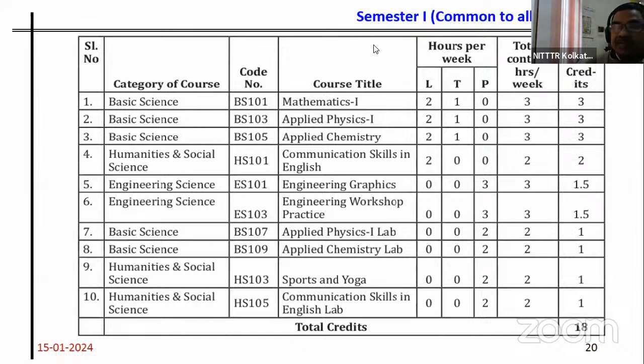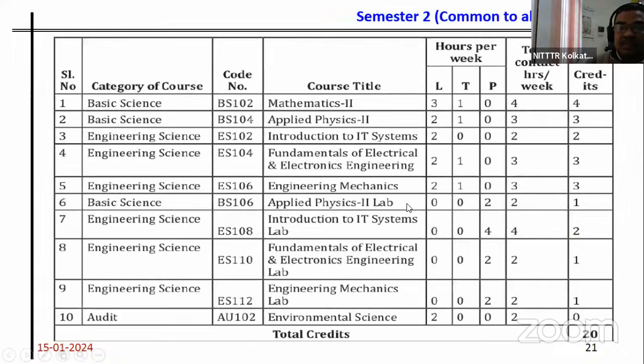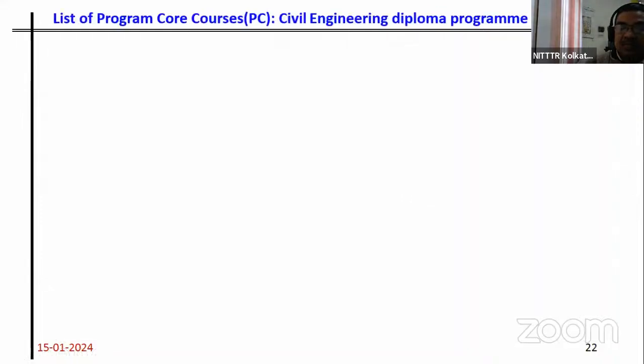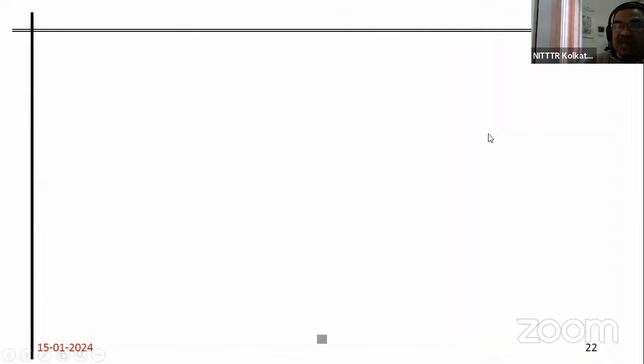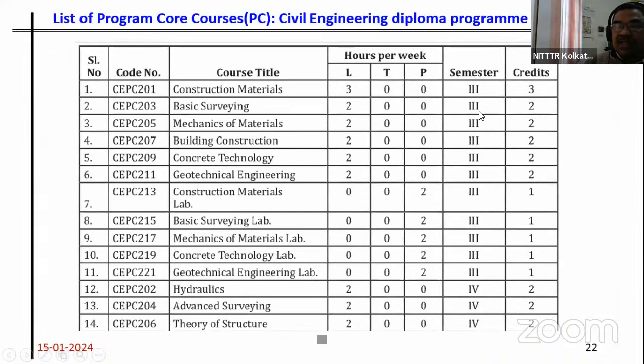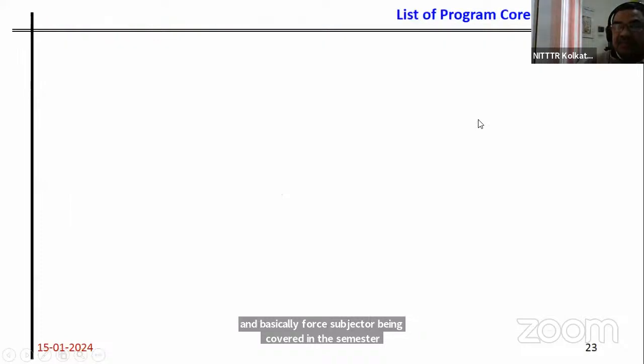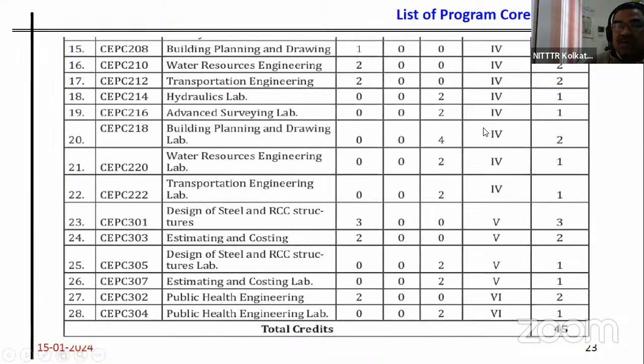This is one example for specific studies in specific branches: mathematics, physics, chemistry, and so on. Take civil engineering, for example. The core subjects are described here, and basically 4 subjects are covered per semester from the third semester onwards.